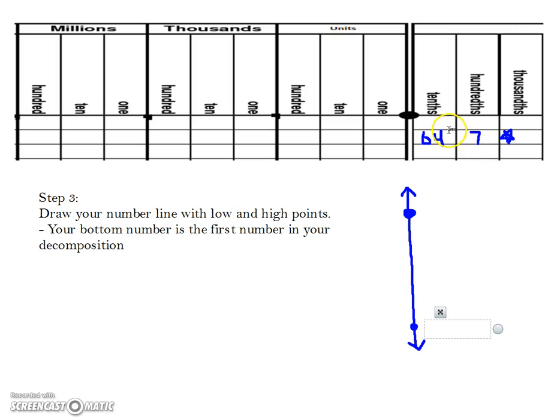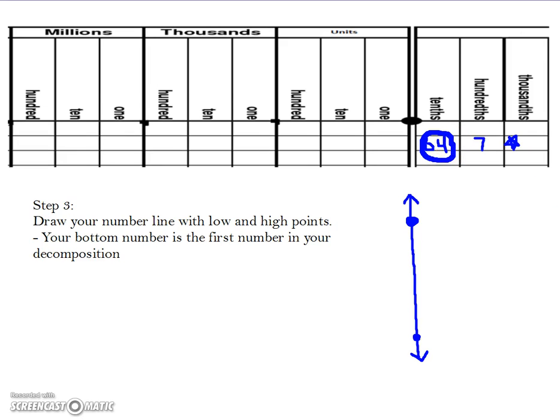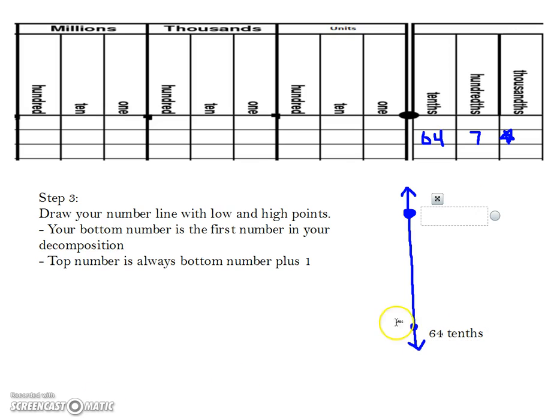Your bottom number is always the big number from your decomposition that you're using. In this case, my bottom number is going to be 64 tenths. Your top number is always the bottom number plus 1. So in this case, my top number is going to be 65 tenths.